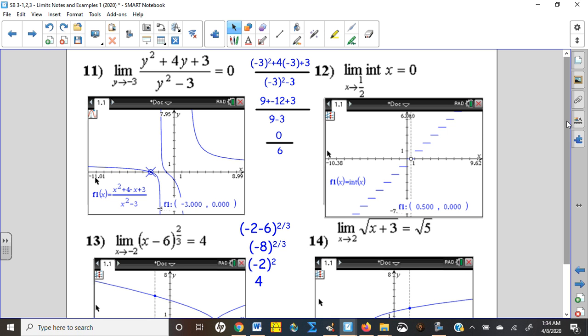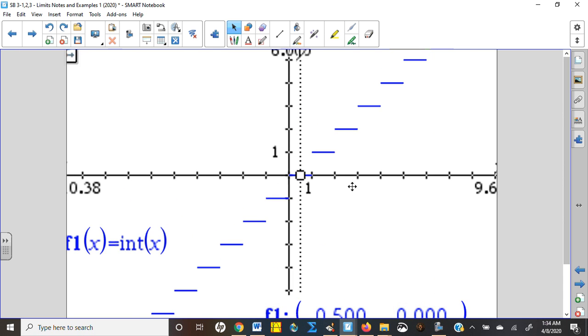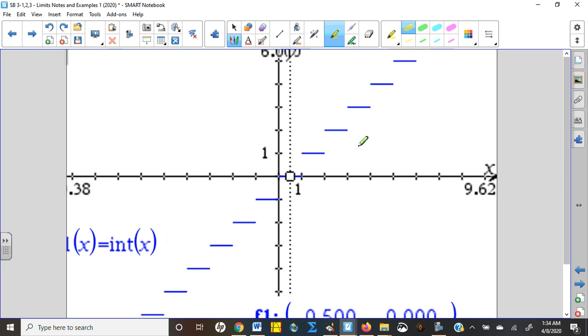Number 12 is our step function, and if we took the limit at any integer, the limit would not exist. Like if I took the limit as we approached 2, the left limit would have a height of 1, the right limit would have a height of 2. Oops. The limits don't agree, the overall limit doesn't exist.